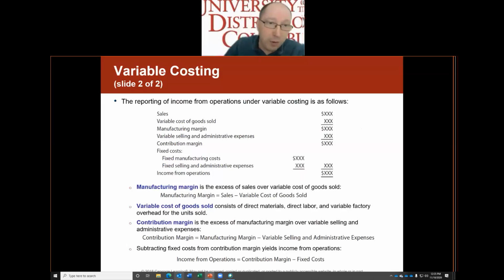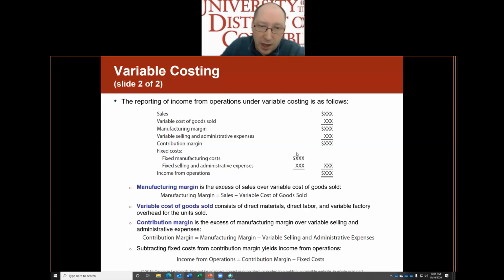So from a reporting perspective, in variable costing, you have your sales minus your variable cost of goods sold equals your manufacturing margin, minus your variable selling and administrative expenses equals your contribution margin. Then, of course, you have your fixed expenses.